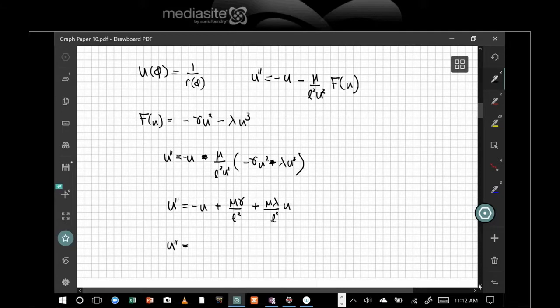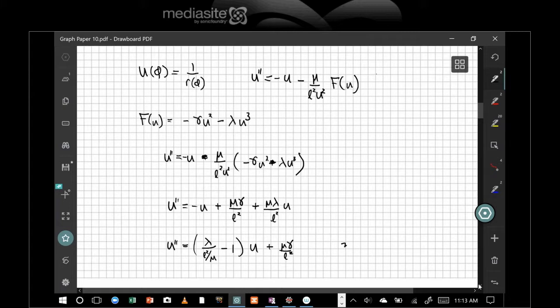I get u double prime is equal to, factoring out the u in front, mu lambda over L squared minus 1, times u, plus that constant term, mu gamma over L squared. So this is the same form of the differential equation, I just have different constants.